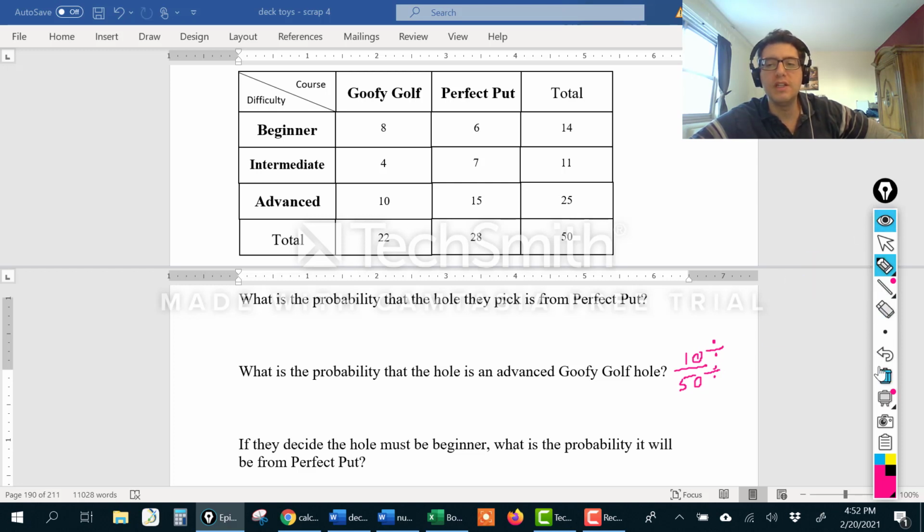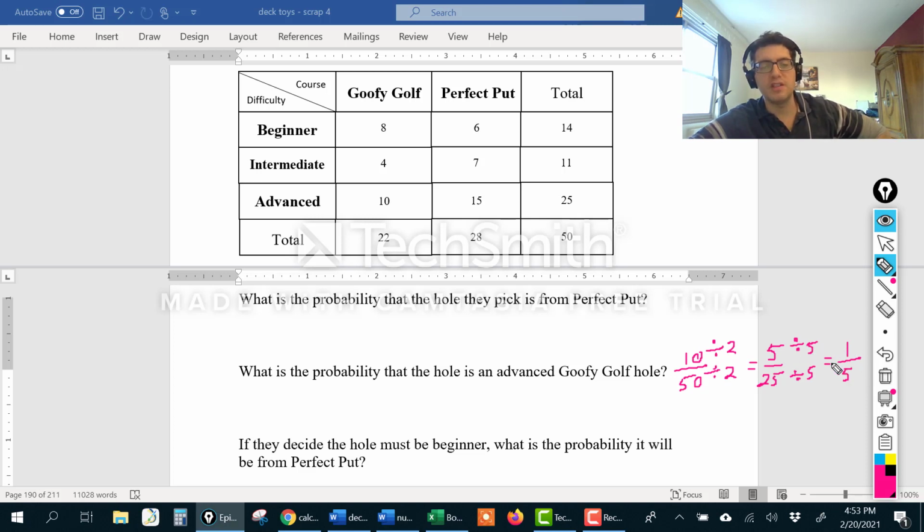Maybe you did realize that both were divisible by 2. Well, then you could say that this is equivalent to 5 over 25. 10 divided by 2 is 5. 50 divided by 2 is 25. And then you could reduce this further. Both of these numbers are divisible by 5. And we would get 5 divided by 5 is 1. 25 divided by 5 is 5.